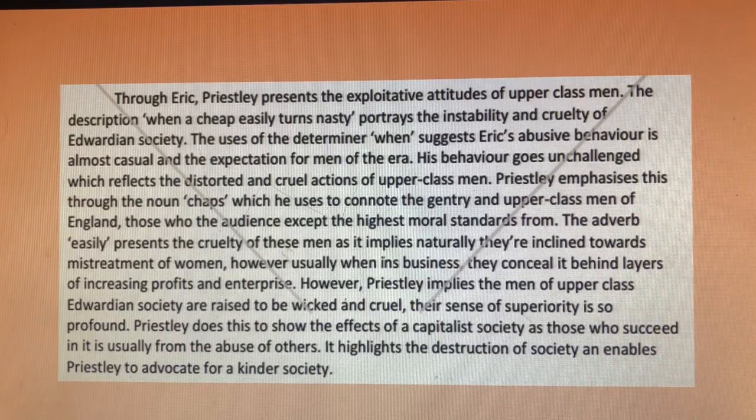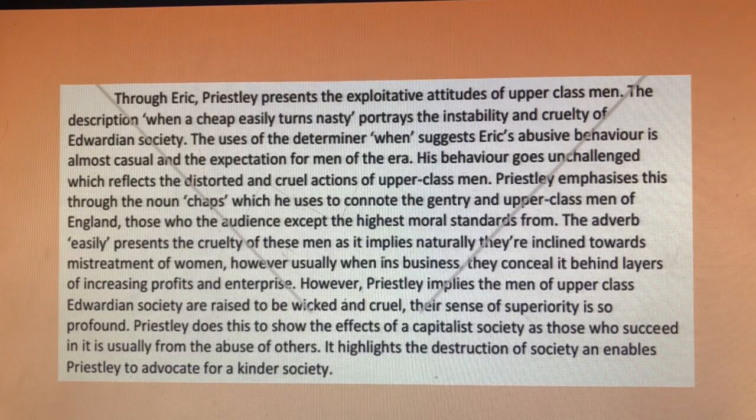However, Priestley implies the men of the upper class Edwardian society are raised to be wicked and cruel. Their sense of superiority is so profound. Priestley does this to show the effect of capitalist society, as those who succeed in it are usually from the abuse of others. It highlights the destruction of society and enables Priestley to advocate a kinder society."